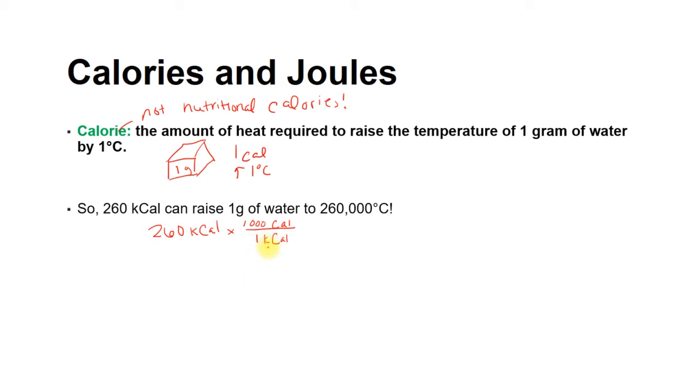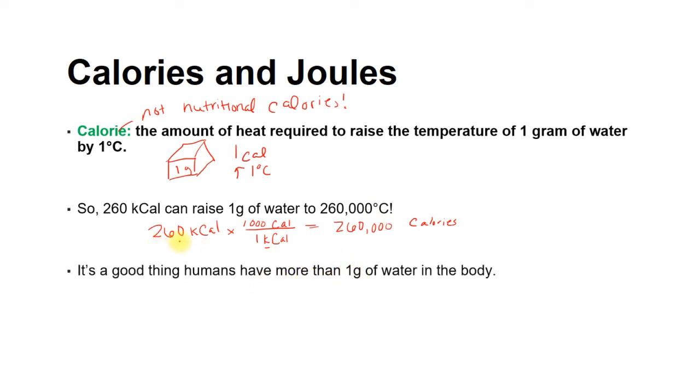Okay, so that kilo prefix gets used here as well. And so that means 260,000 scientific calories are being used here. So if I only had 1 gram of water, I could raise the temperature from 0 Celsius to 260,000 degrees Celsius. That's really, really hot. Okay, so that's a lot of energy.